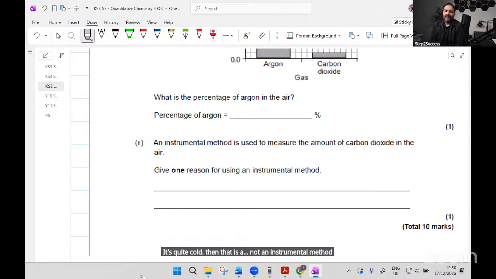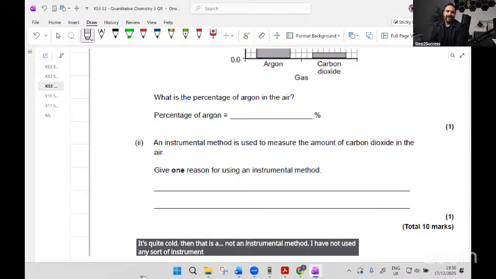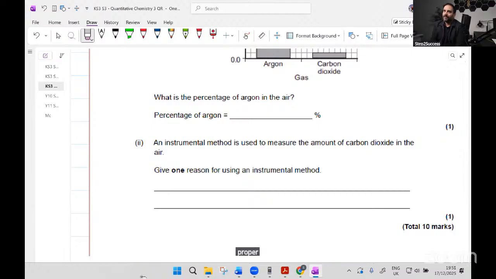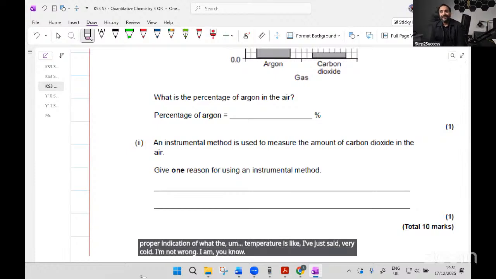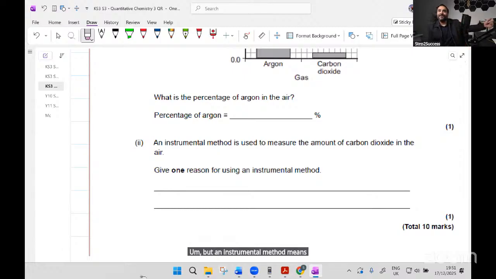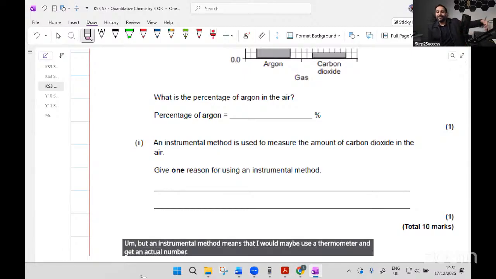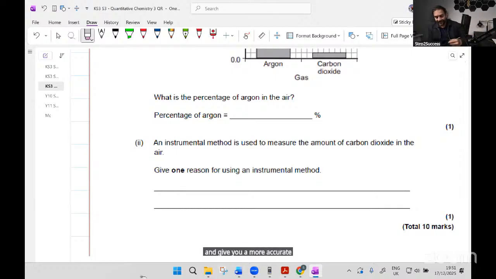I have not used any instrument to give me a proper indication of what the temperature is like. I've just said very cold. I'm not wrong, am I? It is cold. But an instrumental method means that I would maybe use a thermometer and get an actual number and give you a more accurate, more precise answer.